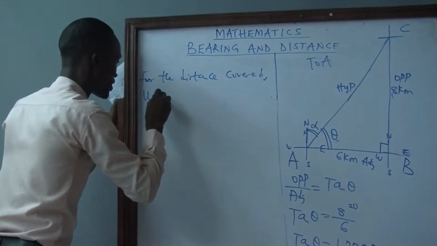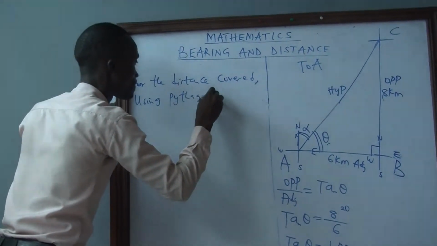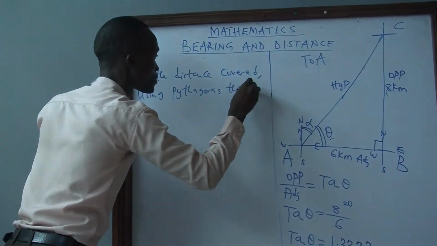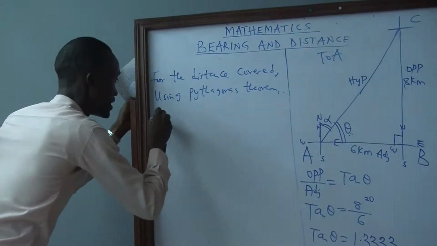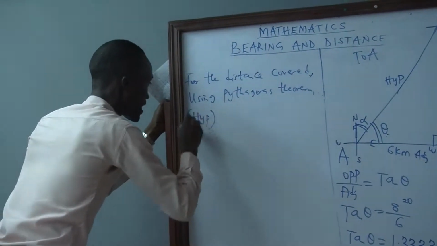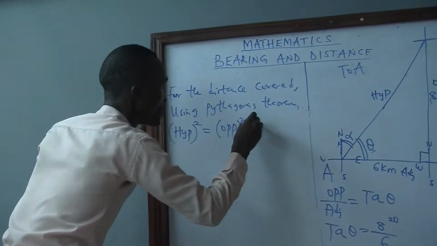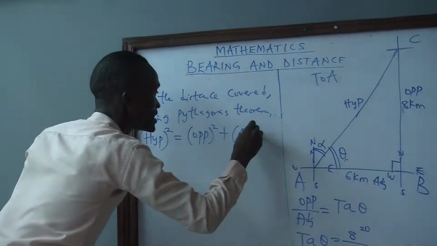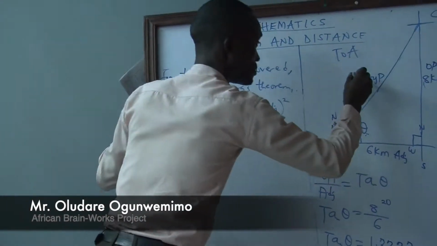Using Pythagoras theorem, it says hypotenuse square is equal to the opposite square plus the adjacent square.